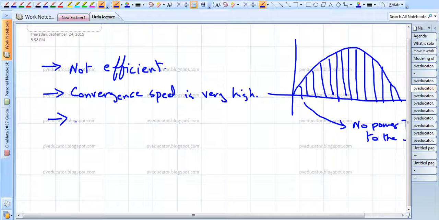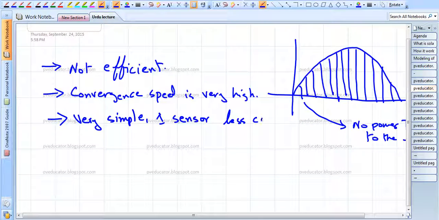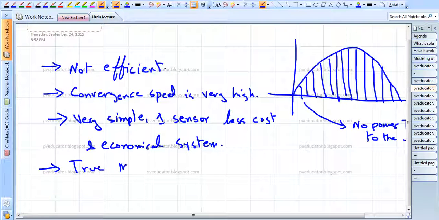Third, its advantage is that it's very simple. Very simple, only one sensor, which means less cost and an overall economical system. However, it does not operate at the true maximum power point, because it is just an approximation.